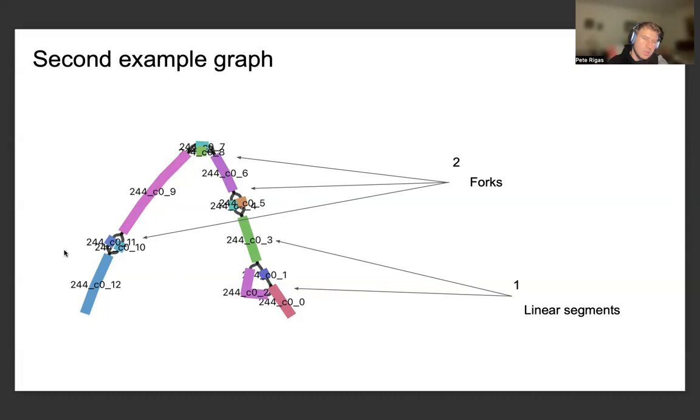We can see that in between the segments 244C09 as well as 244C012, there are two vertices separating these forks, as well as other forks which appear in between the segments 244C09 as well as 244C06.